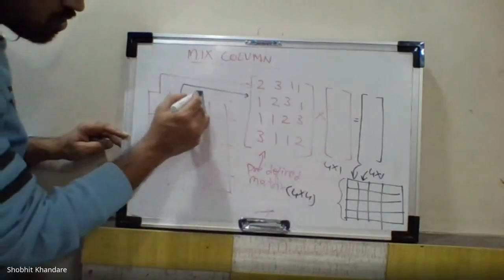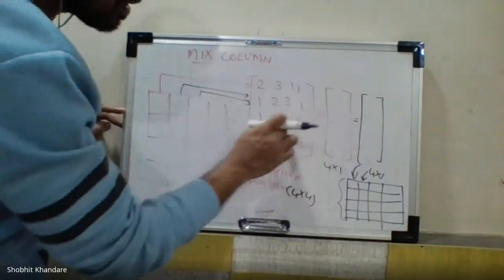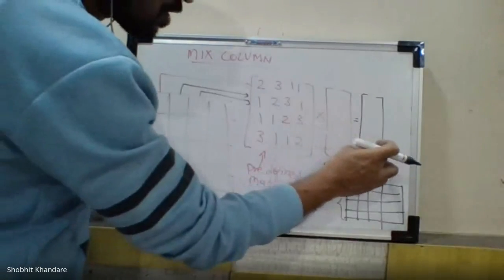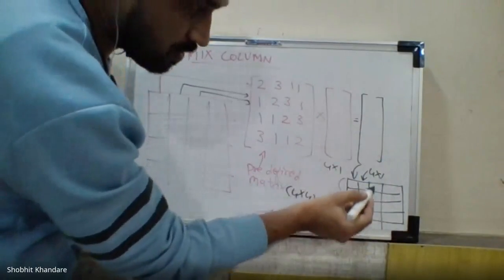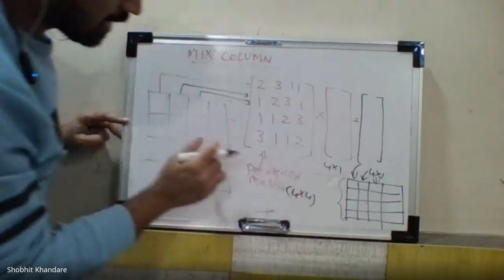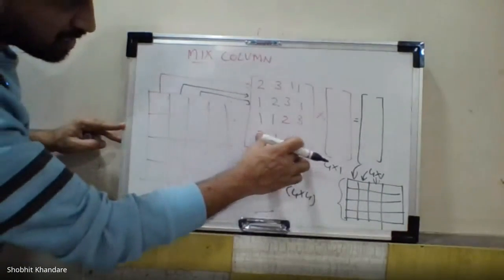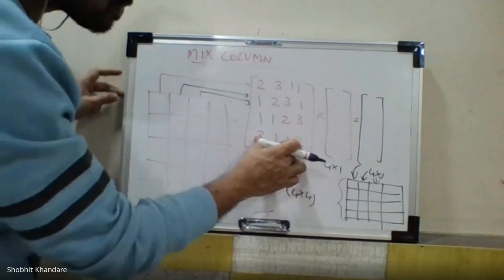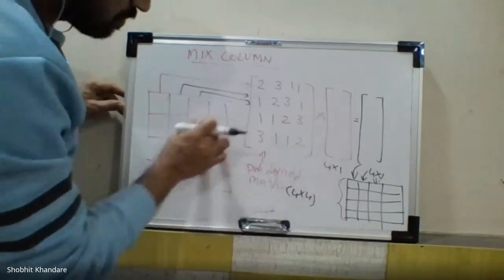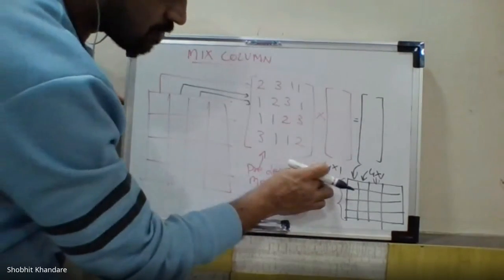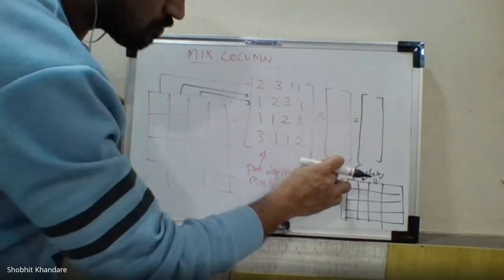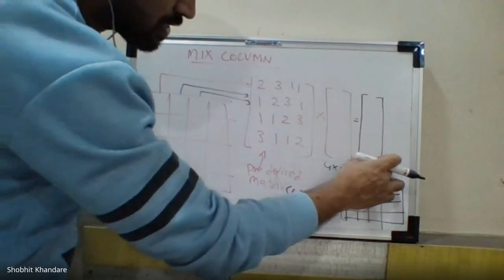Again you take the third column, multiply with the predefined matrix. Whatever output you get, that is 4 by 1, will be placed here. And the last column, when it is multiplied by the predefined matrix of 4 by 4, okay, this particular column size is 4 by 1. So when you multiply 4 by 4 with 4 by 1, you get a 4 by 1 matrix. Okay.